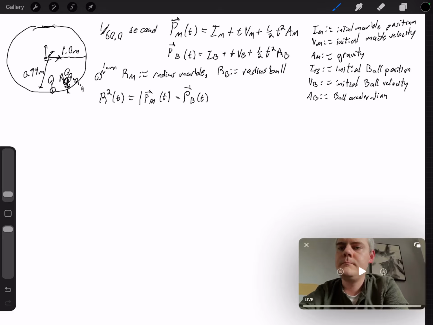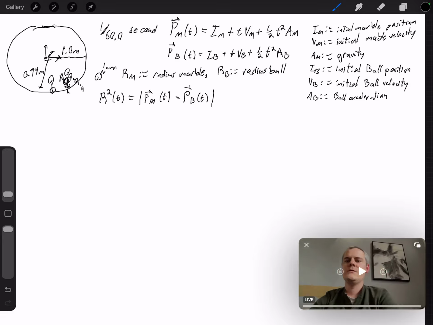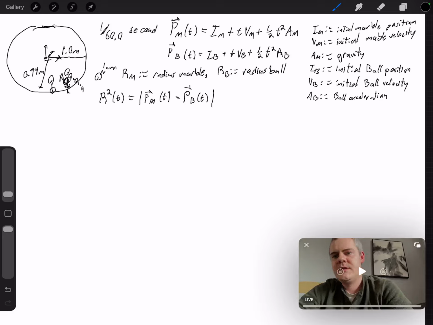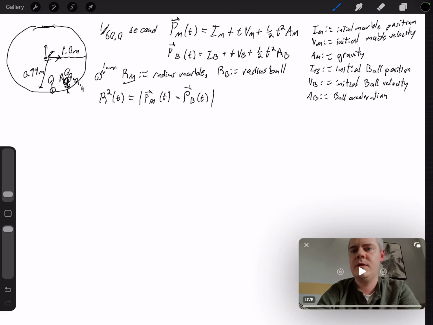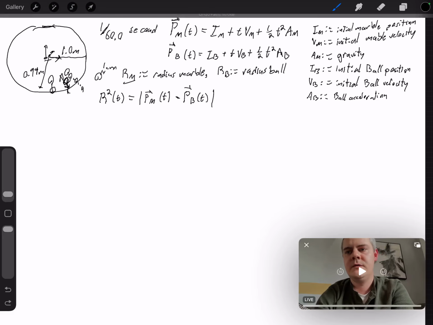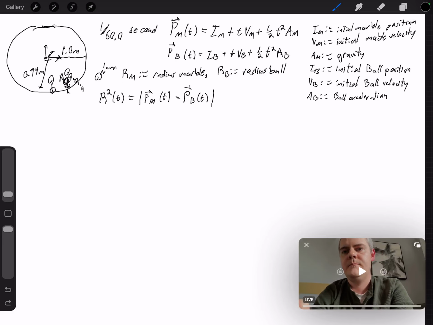So mathematically, this is what we're talking about. There's a marble position and there's a ball position, and the length of that is significant because when it's the difference between these two values, then we've made a collision.